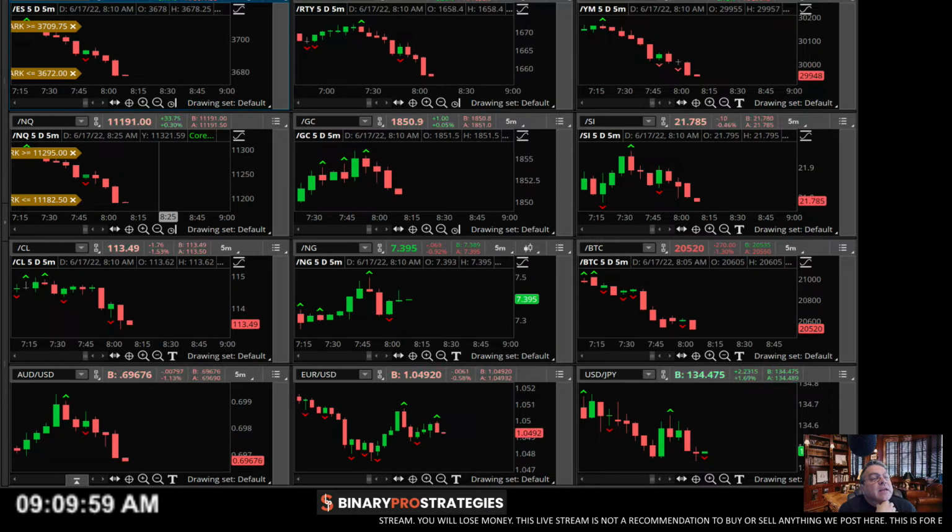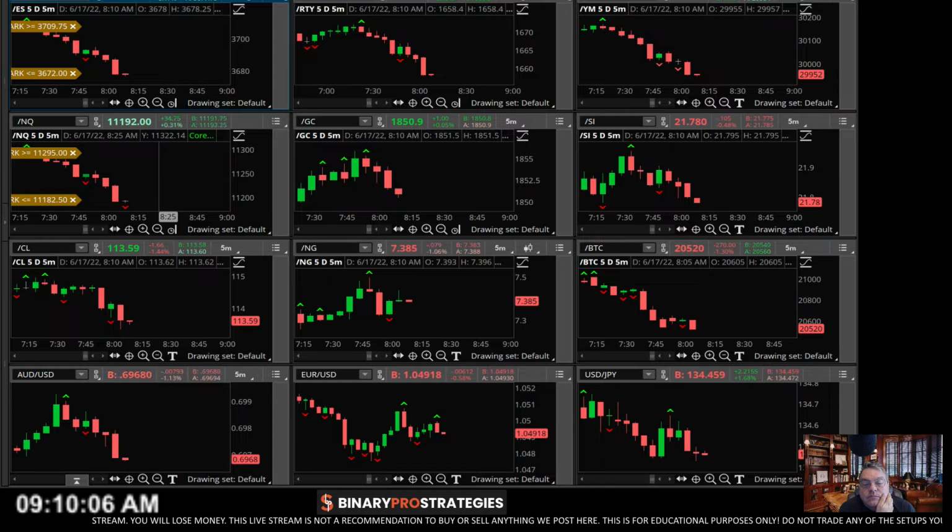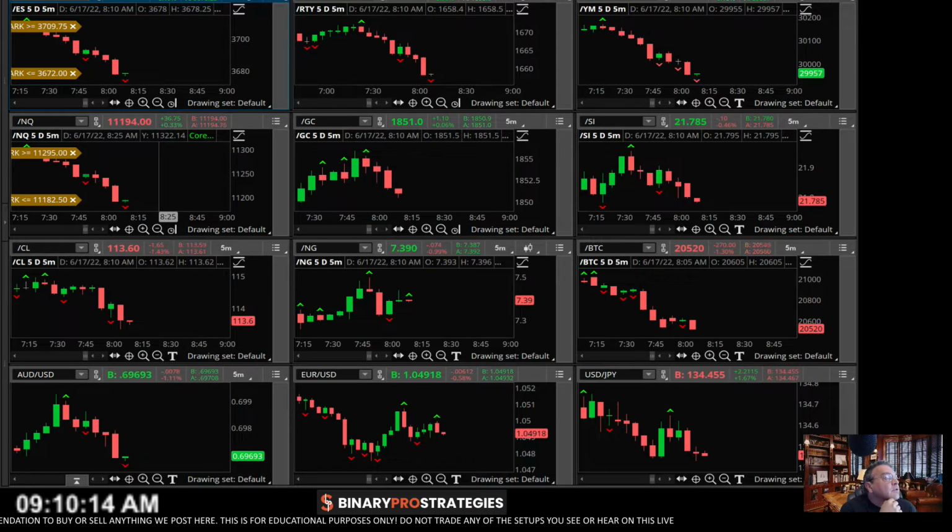That mini NASDAQ is getting close to a profit target of 111.82 and a half. ES is creeping down, getting ready to hit target at 36.72.